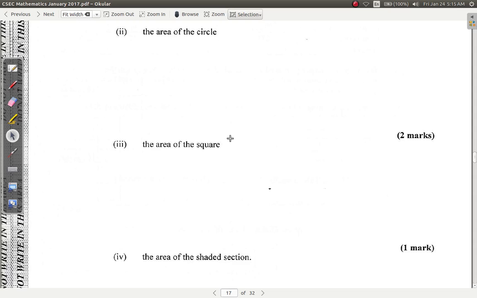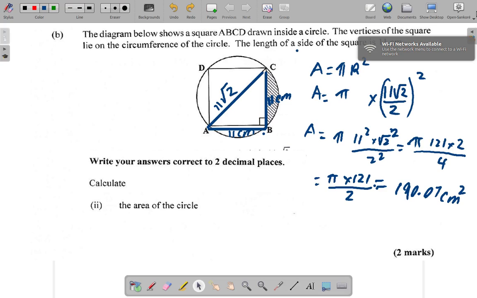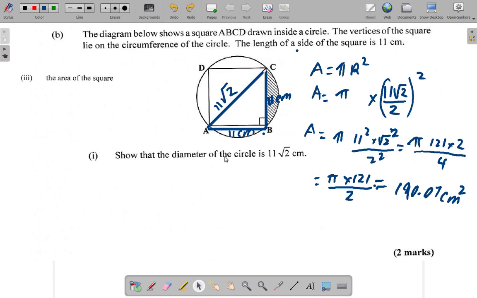The area of the square. They want the area of the square. Let's put this there. This is alright. So let's get rid of this part of the question, and we know the area of the circle already.